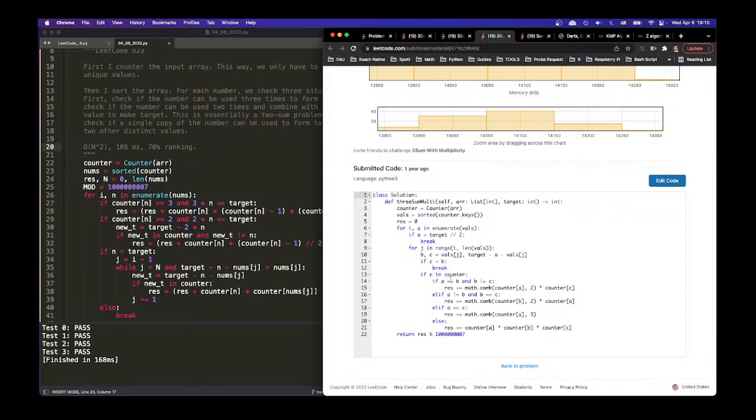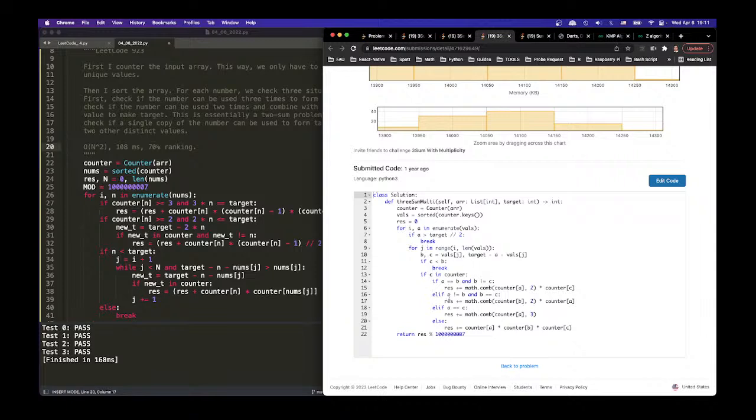if C is in counter, so we have B and have a C. If C is in counter, if A is equal to B, yes, and B is not equal to C. Okay.